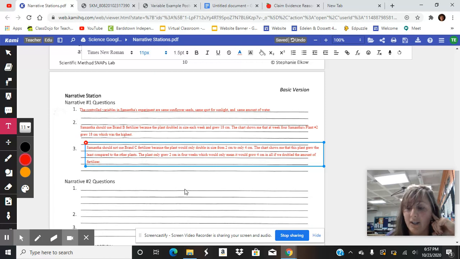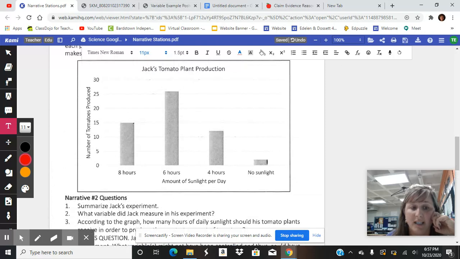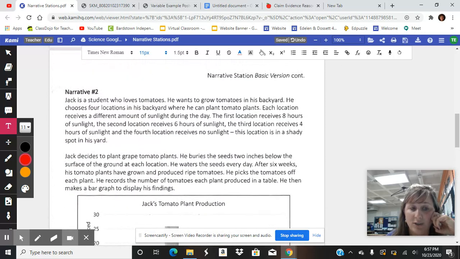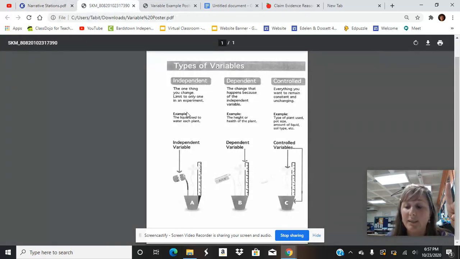Now we did this on Kami. Now what you're going to do in a minute is you're going to answer the same type of questions about another experiment. This one right here about Jack's tomato plant production. So you're going to read this and then think about what are the independent variables. What's the independent variable?